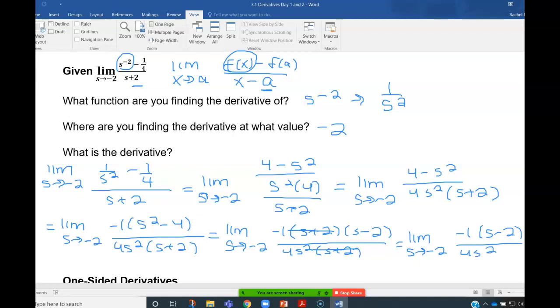And that leaves -1 times quantity s minus 2 over 4s squared, which gives -2 minus 2 is -4. -4 times -1 is 4. And then in your denominator, -2 squared is 4. 4 times 4 is 16. So we get 1 over 4.